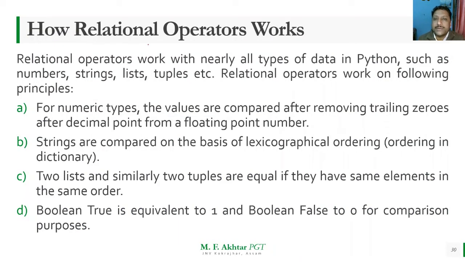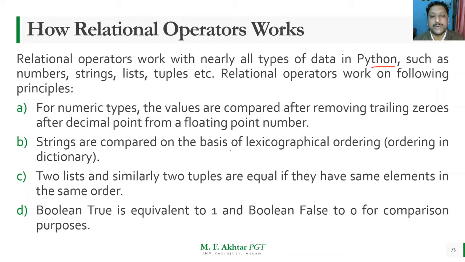Now see how relational operators work. Relational operators work with nearly all types of data in Python, such as numbers, strings, lists, tuples, etc. Relational operators work on the following principles. For numeric types, the values are compared after removing trailing zeros after the decimal point from a floating point number.